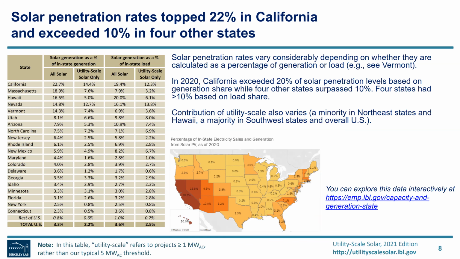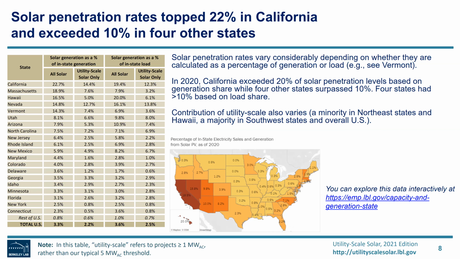How much electricity comes from solar depends a bit on how you slice the statistics, either as a percentage of in-state generation or in-state load, whether you look at the contribution of photovoltaics alone, as shown on the map, or if one also includes concentrating solar power, as shown in the table.